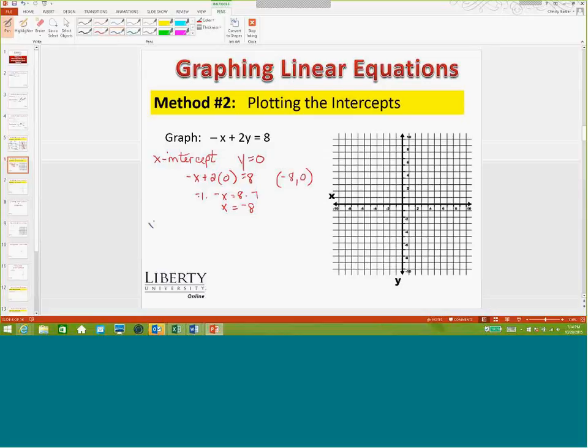Now the y-intercept is where the line is going to cross the y-axis. And at that point, and we've seen this, x is equal to 0.